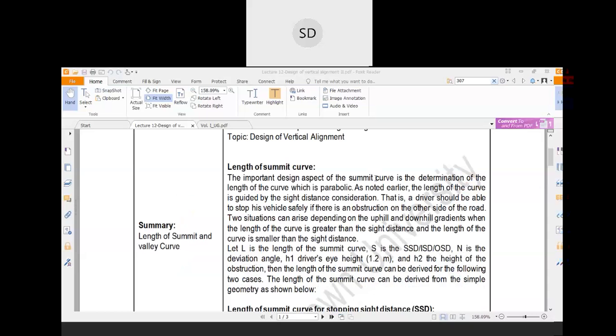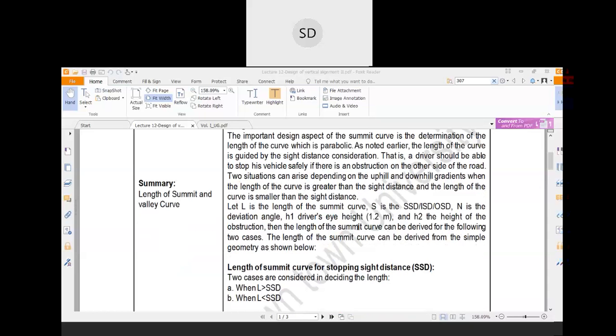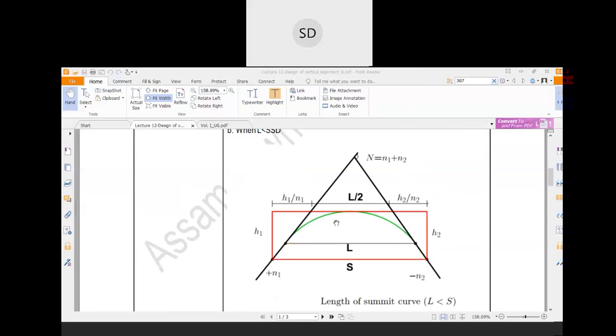Now let us consider this. So you remember what is N? Capital N is the deviation angle. This is the figure for the length of the summit curve. So basically this is your summit curve.